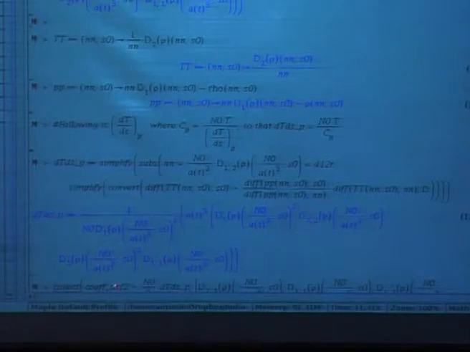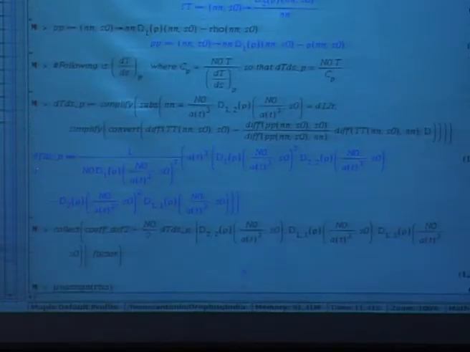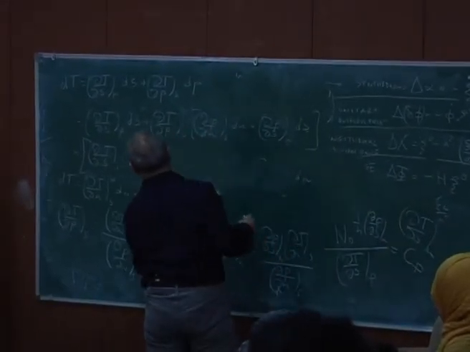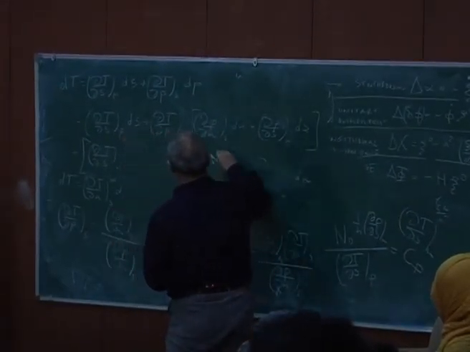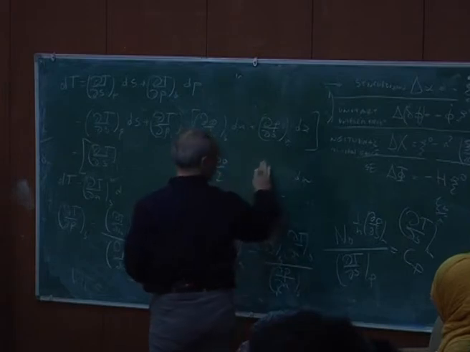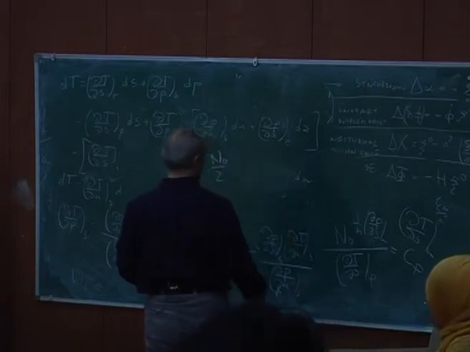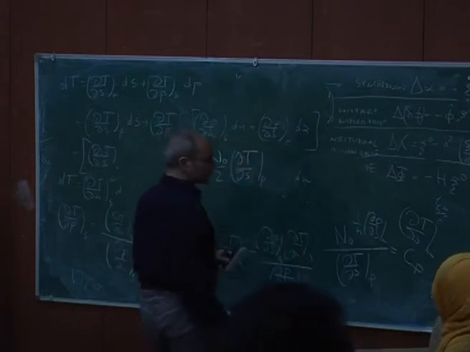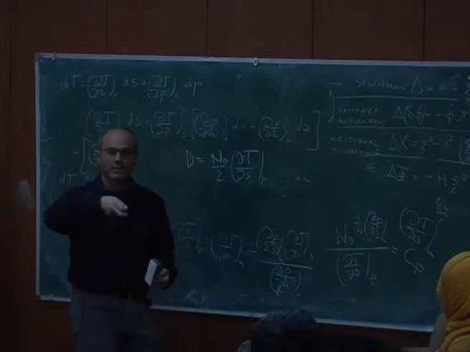And then the coefficient D is actually equal to, so if you take this, the coefficient D minus this quantity, you get 0. So then D is nothing but n0 divided by 2 dT/dS at constant P, which was 1 divided by Cp.